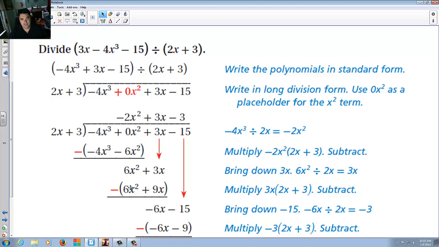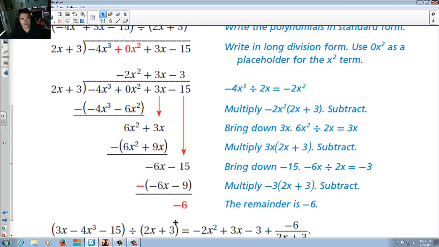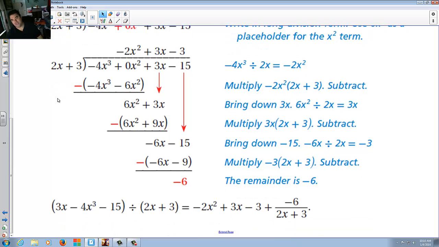Flip the signs. And so this is going to become negative 9x. So positive 3 and negative 9x makes negative 6x. Negative 15 comes down. Negative 3 times all this is going to be negative 6x and negative 9. Flip the signs. Positive, positive makes negative 6 remainder. So negative 6 divided by 2x plus 3. So this whole giant problem is your answer.